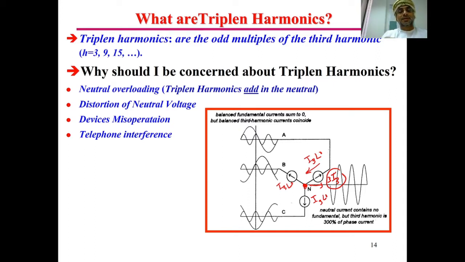That's why the neutral will be overloaded. The neutral is designed, let us say, to carry the normal current, but now there is more current flowing in the neutral, and that will also result in distortion of the neutral voltage. As a result, device misoperation. It will also cause telephone interference. So those are the problems of the harmonics, or of the third harmonic.